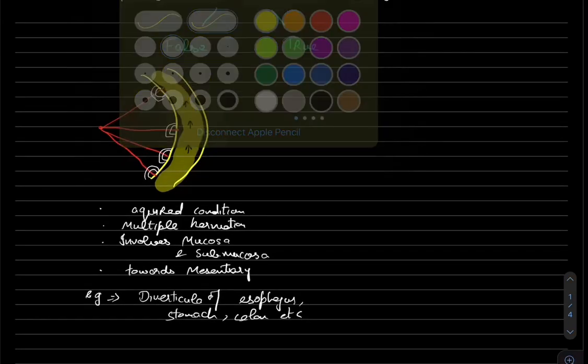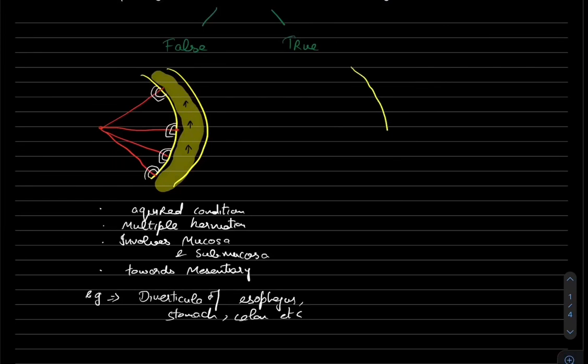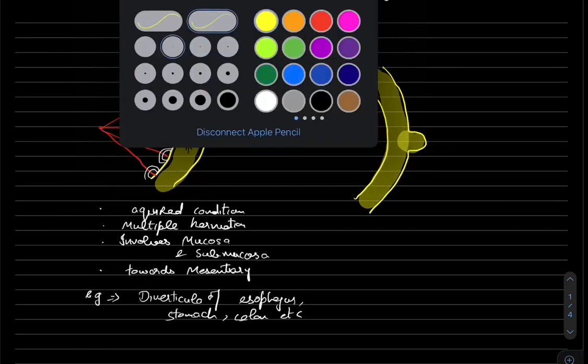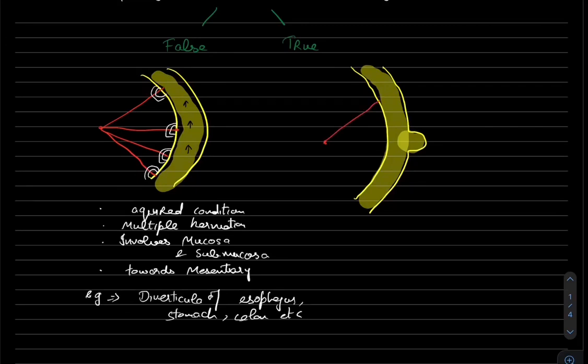Again, a diagram. Make it side by side. This is the bowel. This is the lymph vascular supply in the mesentery.